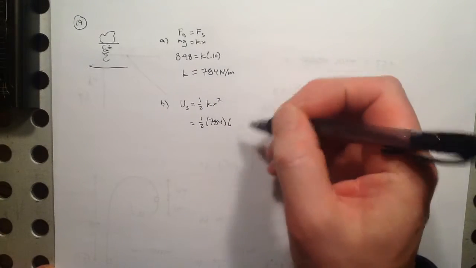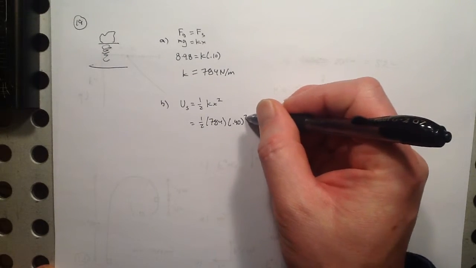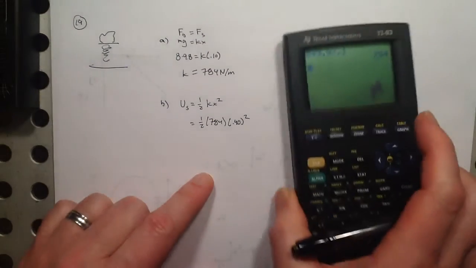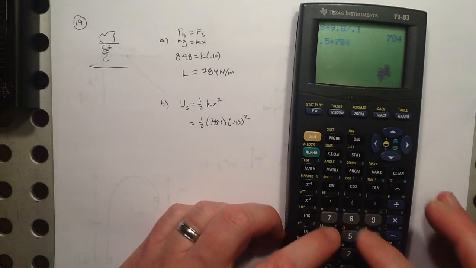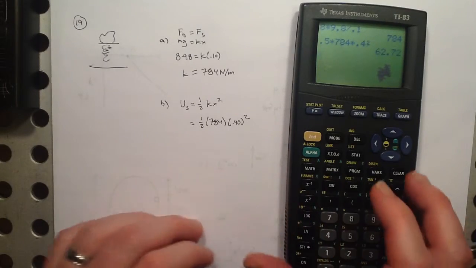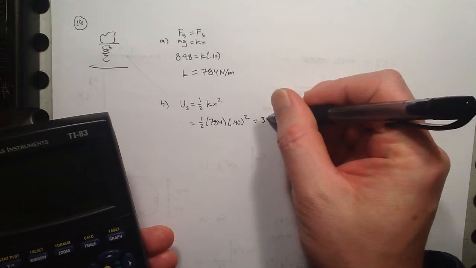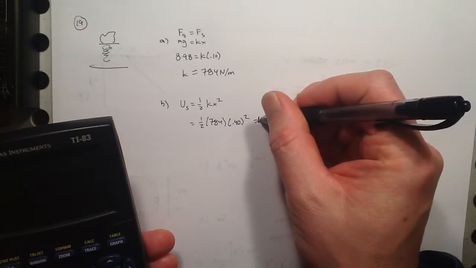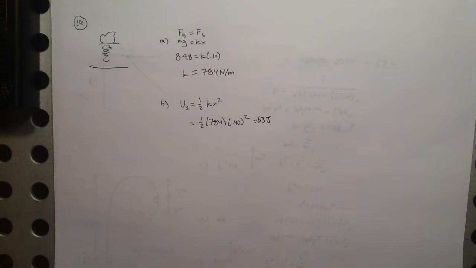It was already compressed by 10 centimeters, so an additional 30 gives us 40 centimeters total. So that's 1/2 k times x squared. So that's about 63 joules of energy there, or 62.7, something like that.